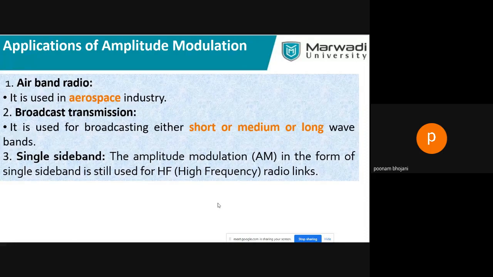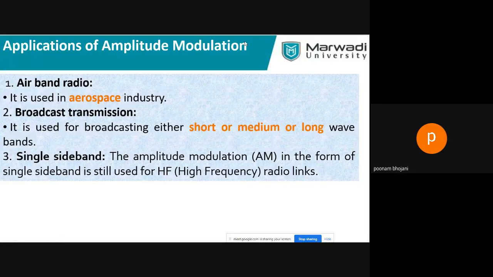Third is the single sideband application. Single sideband is a technique of amplitude modulation, and by using the single sideband technique, you can use it for high frequency radio links also.